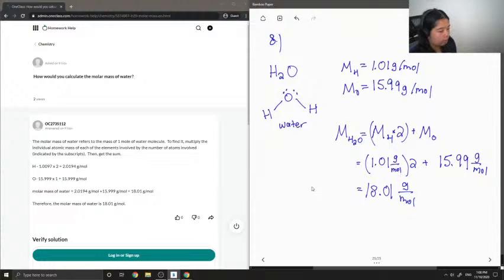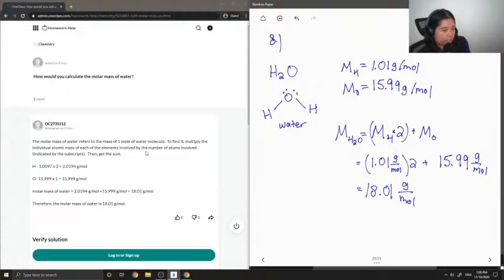Okay, so let's see what our junior tutor said. The molar mass of water refers to the mass of 1 mole of the water molecule. To find it, multiply the individual atomic mass of each of the elements involved by the number of atoms indicated by the subscripts, then get the sum.